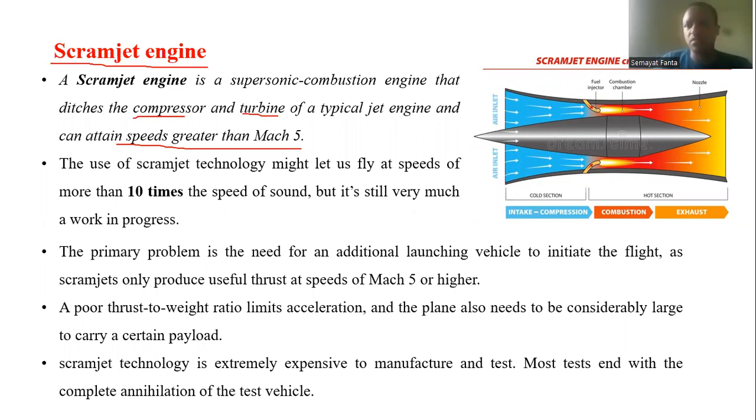So this scramjet construction is given here. It consists in similar fashion as a ramjet, but is a modified ramjet, because the name scramjet comes after the use of the scramjet engine, and it is most efficient when the Mach number is greater than 5.